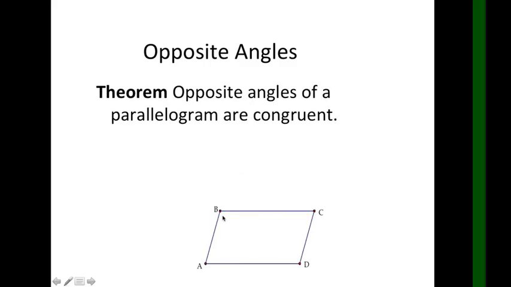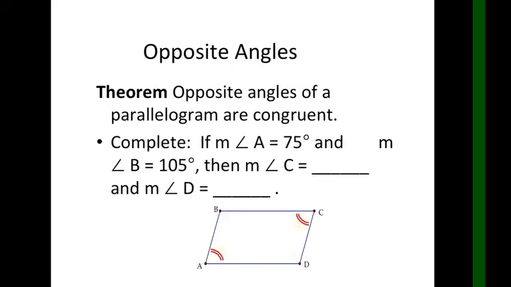Theorem, another theorem for opposite angles. Opposite angles of a parallelogram are congruent. So, gaya ng sabi ko, B and D are congruent, therefore angle A and angle C are congruent. Complete. If the measurement of angle A is 75 degrees and the measurement of angle B is 105 degrees, then angle C is blank.